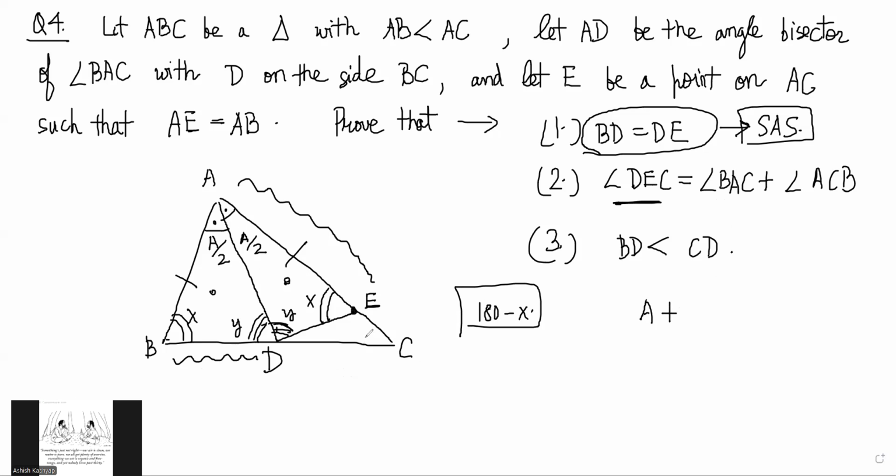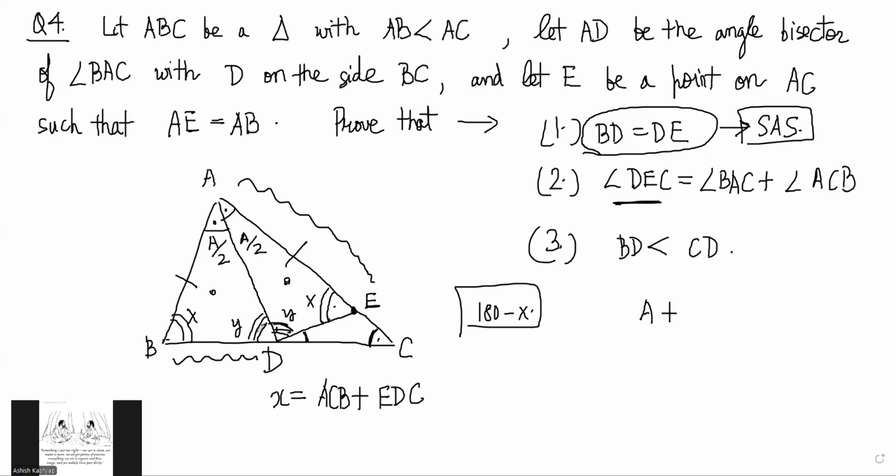ACB is this angle, and we can find that angle because X is equal to this angle plus this angle, X is equal to ACB plus EDC.